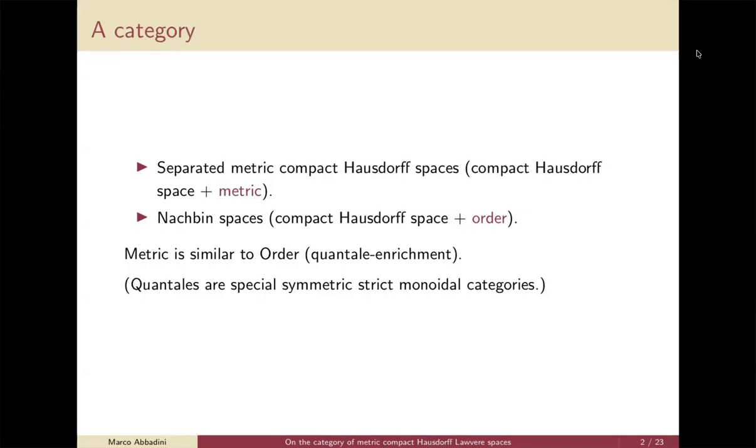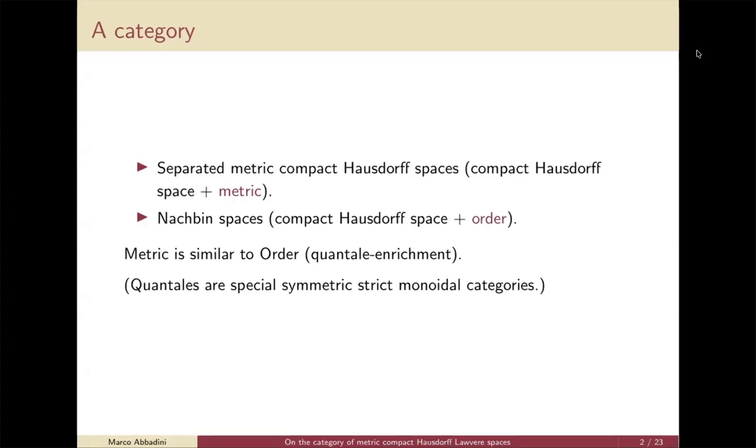But this is out of my field of competence now. So in this talk we will focus by design on this specific category, this category of compact Hausdorff spaces equipped with a metric, to keep the intuition from the metric setting.